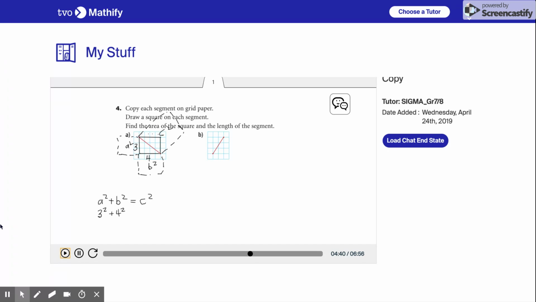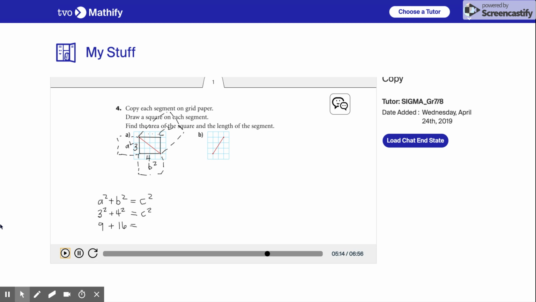I can't get rid of these squares now that I've drawn them. But basically, the length of line A is 3 segments long, and we have to find 3 squared. So 3 squared would be 9, right? And 4 squared is 16. Okay, so what is 9 plus 16? 17, 18, 19, 20, 21, 22, 23, 24, 25.